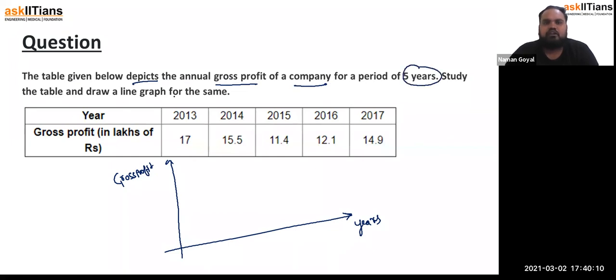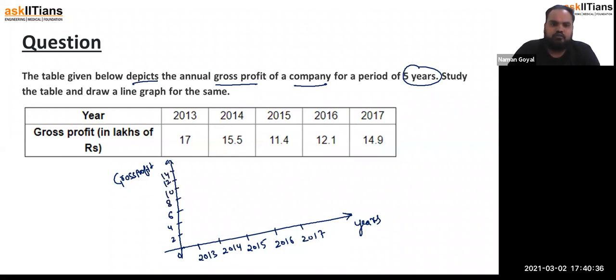Study the table and draw a line graph for the same. So for 2013, 2014, 2015, 2016, 2017. Now we can start from 0, then take 2, 4, 6, 8, 10, 12, 14, 16 and 18.